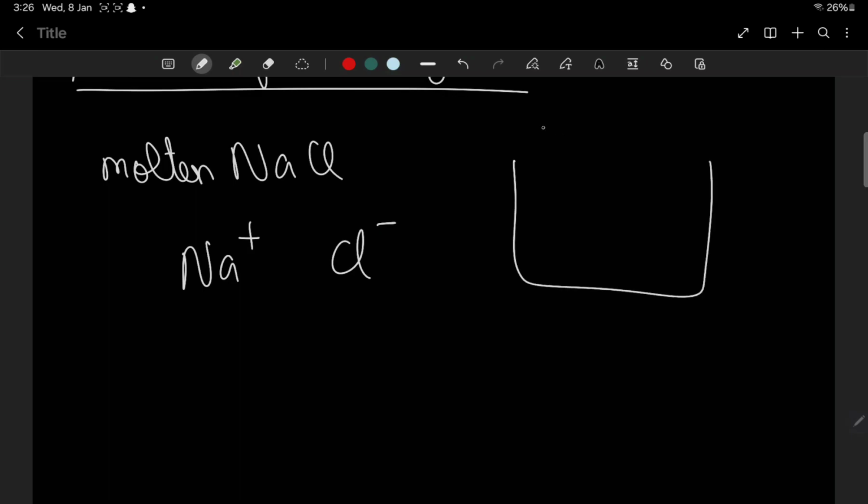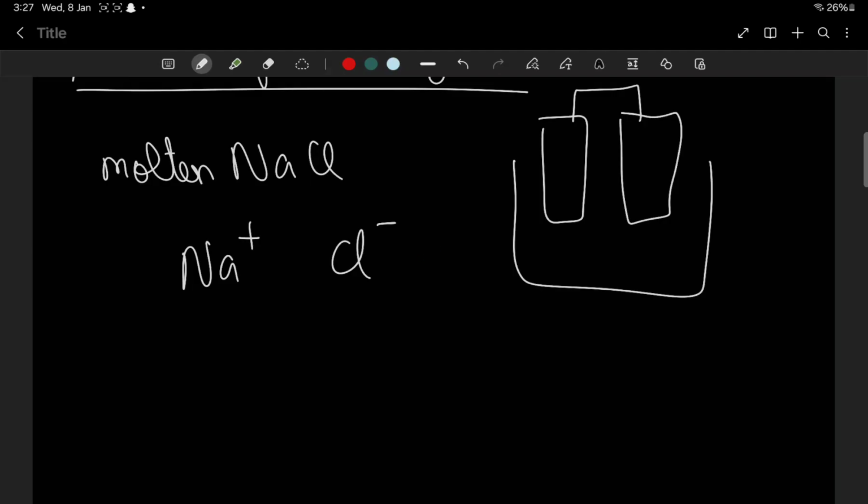You know, in galvanic cell, we told that anode is negative and cathode is positive. Sorry. Anode is negative and cathode is positive.